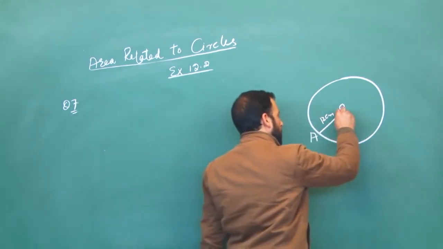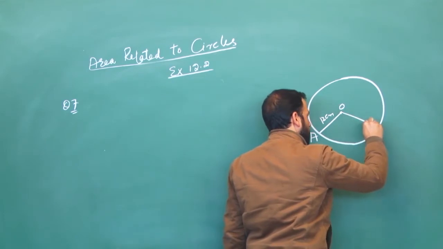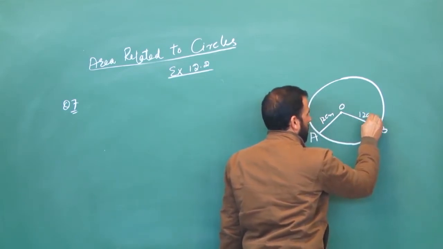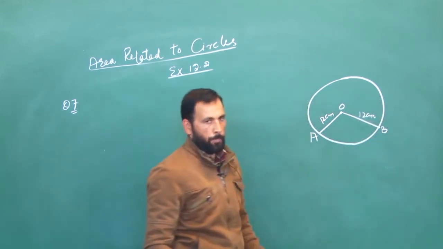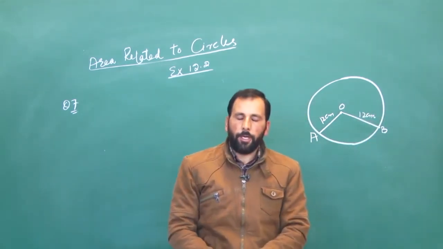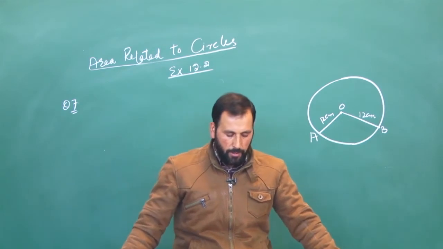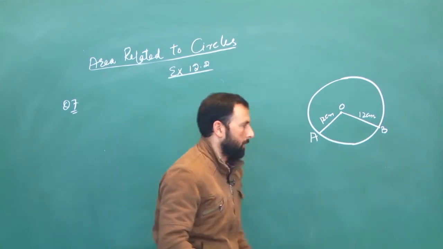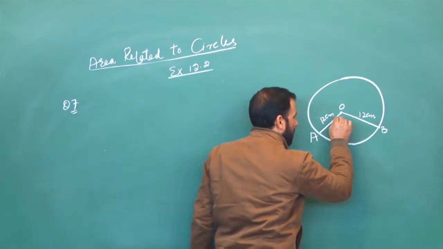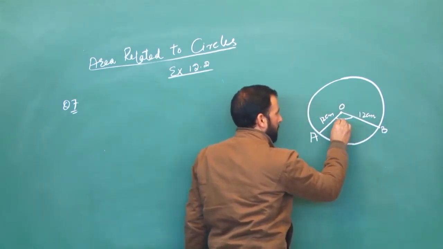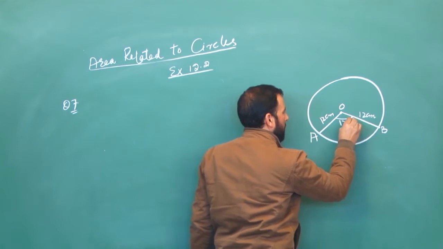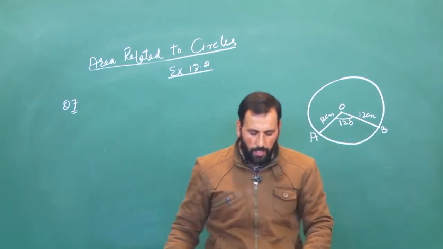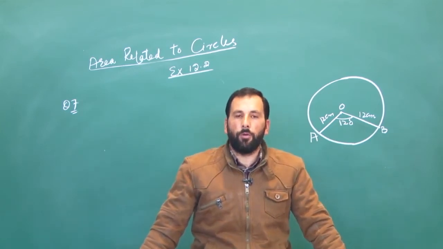Let us take another radius, OB, which is also 12 centimeter. The chord subtends an angle of 120 degrees at the center, that means this sector angle is 120 degrees. Then find the area of the corresponding segment of this circle.